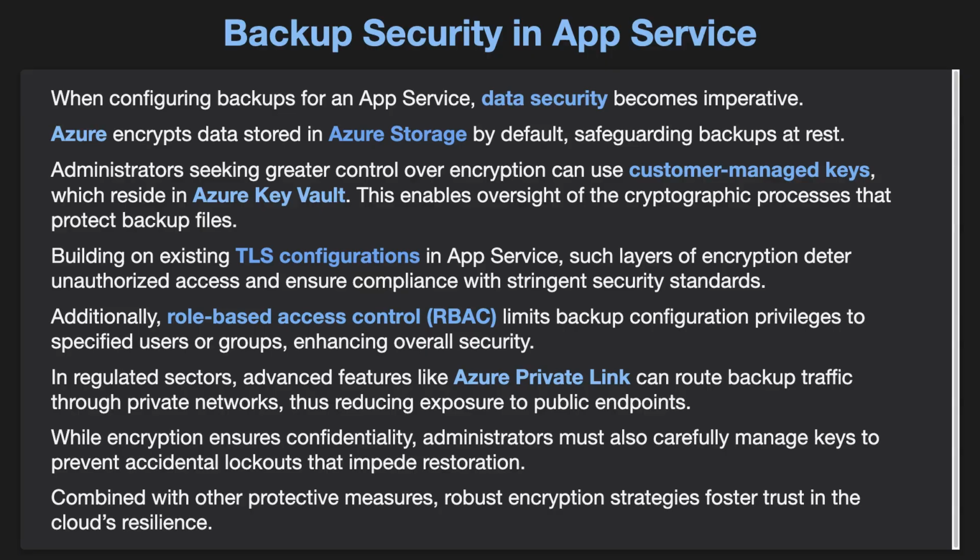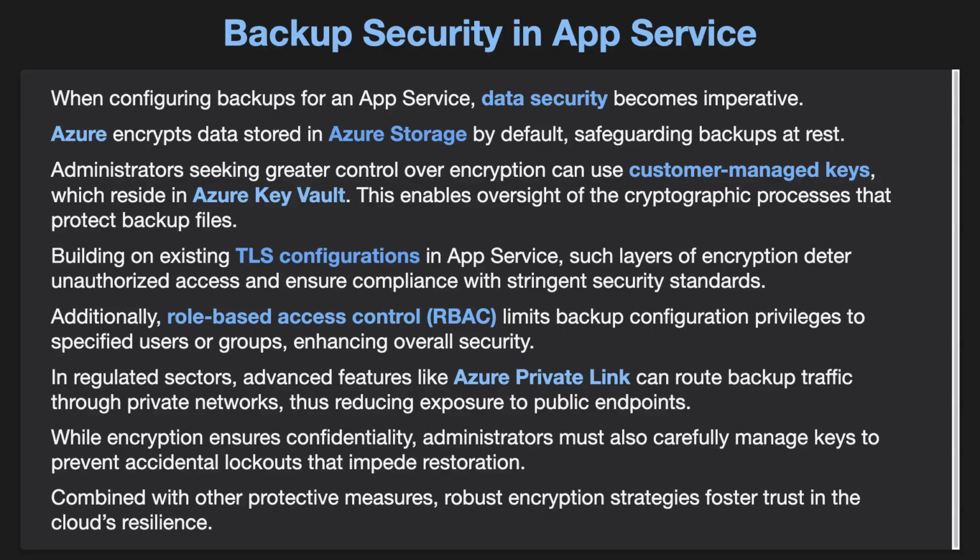Building on existing TLS configurations in app service, such layers of encryption deter unauthorized access and ensure compliance with stringent security standards. Additionally, role-based access control, RBAC, limits backup configuration privileges to specified users or groups, enhancing overall security.